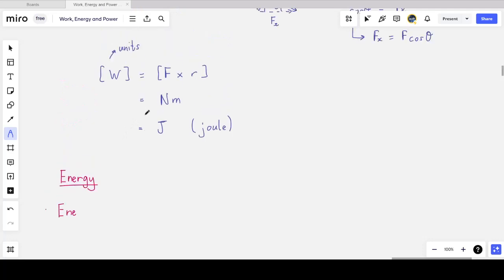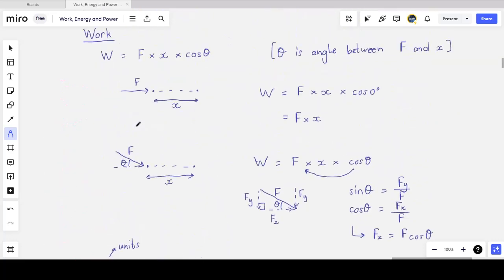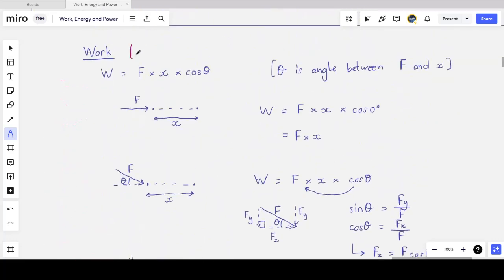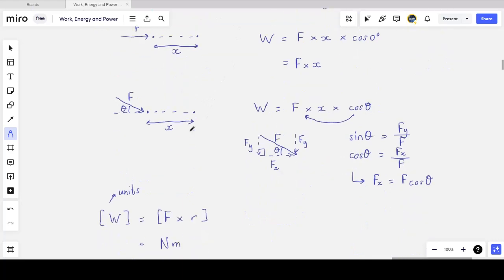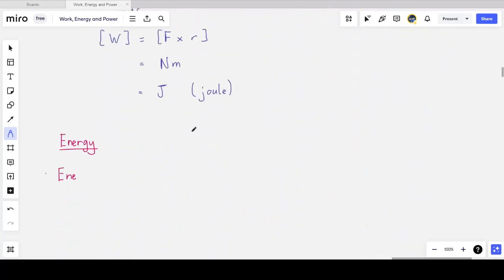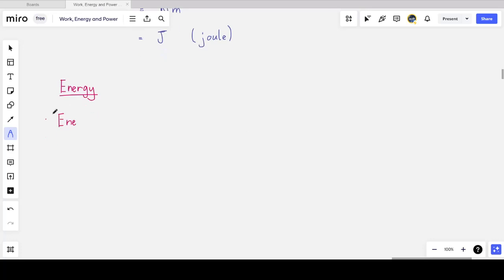So I forgot to mention that the work done here is a scalar quantity. Remember, a scalar quantity is one that has no direction. So even though force and displacement both have direction, the work done is scalar, so it doesn't have a direction. It's something called a dot product, which you don't need to worry about unless you've studied vectors. But work is a scalar, it doesn't have a direction.